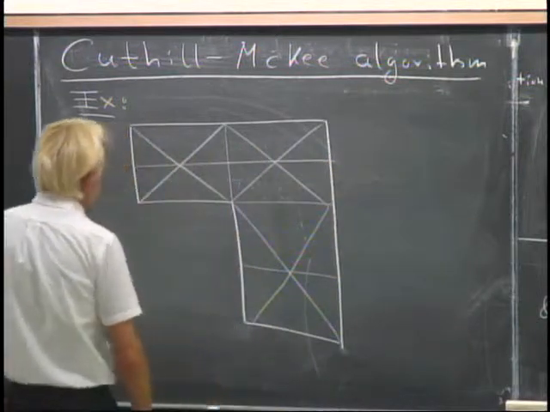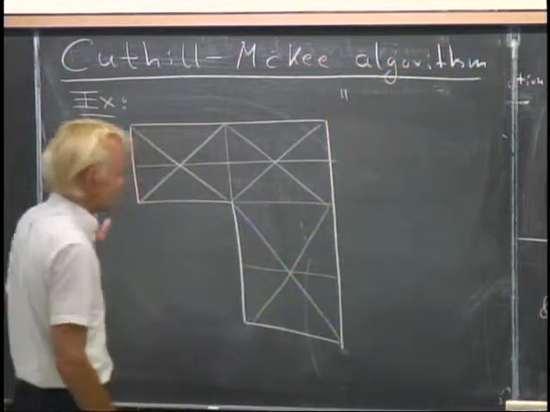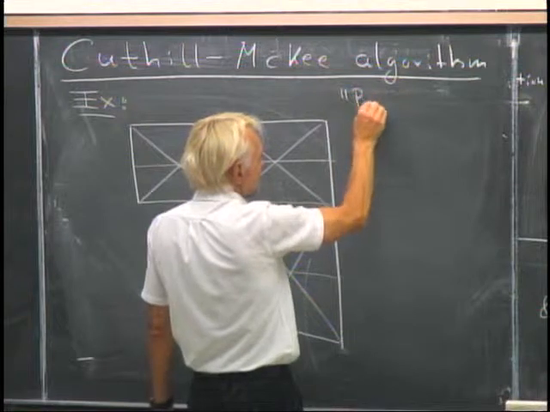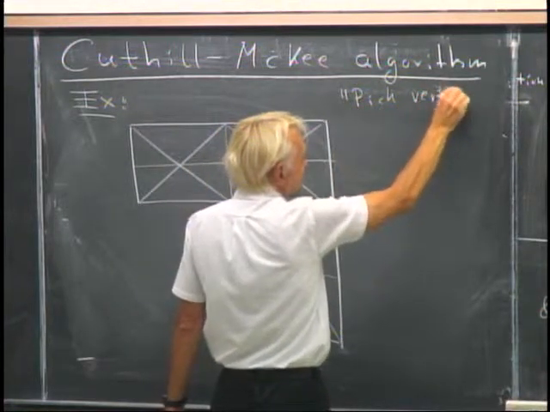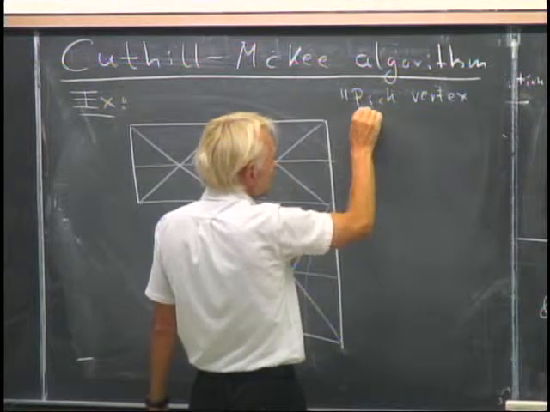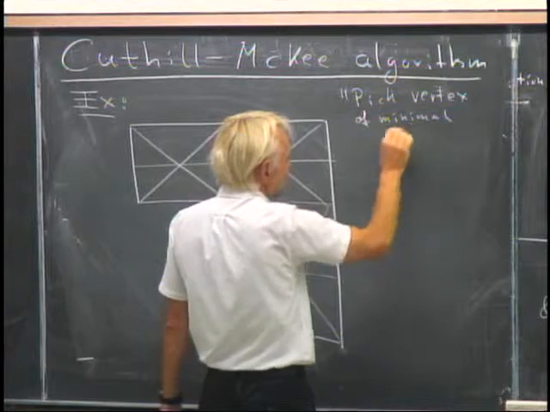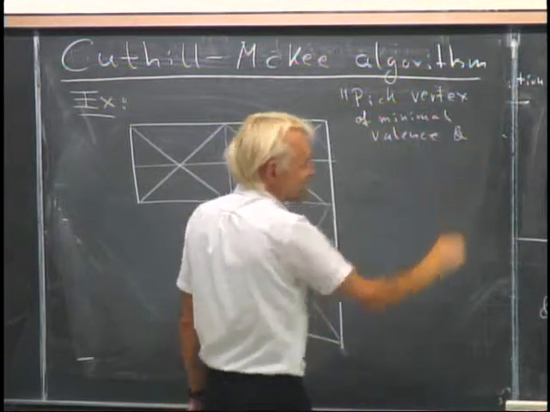So, I just say this in colloquial English, and I put the structure here. Pick a vertex of minimal valence, and again, this is colloquial English.